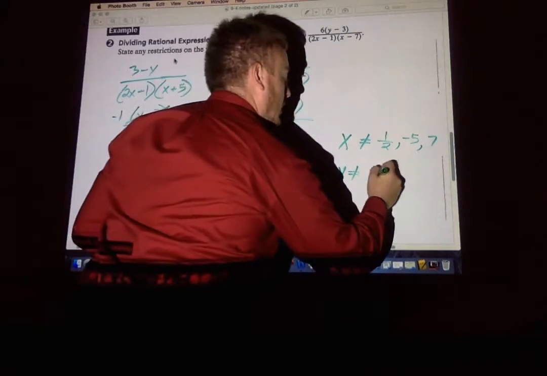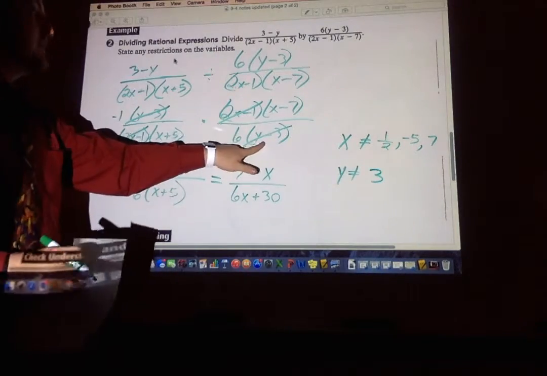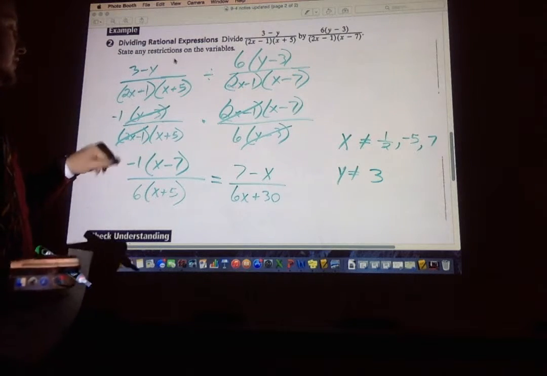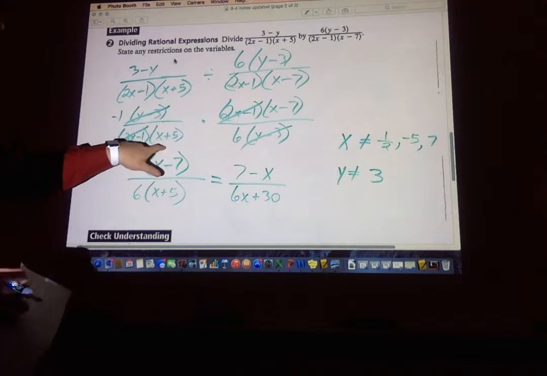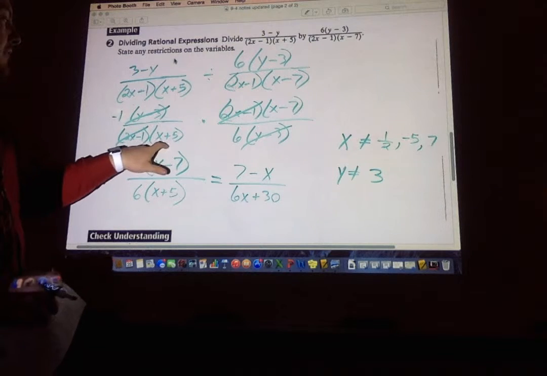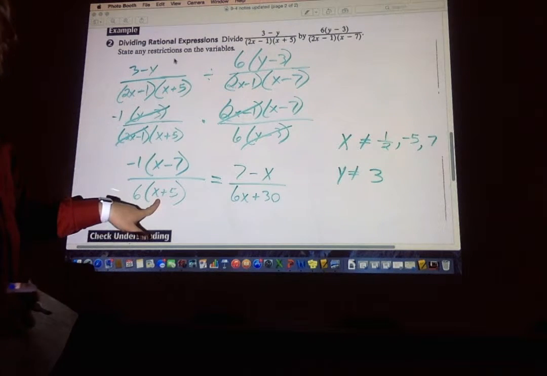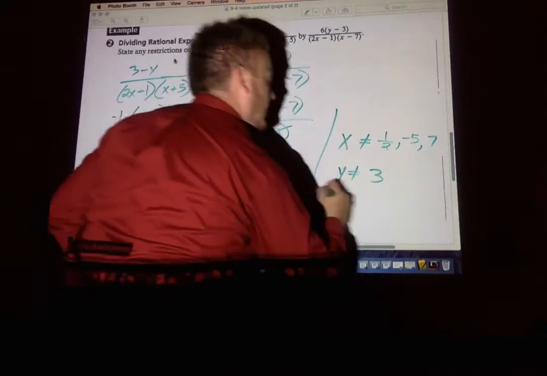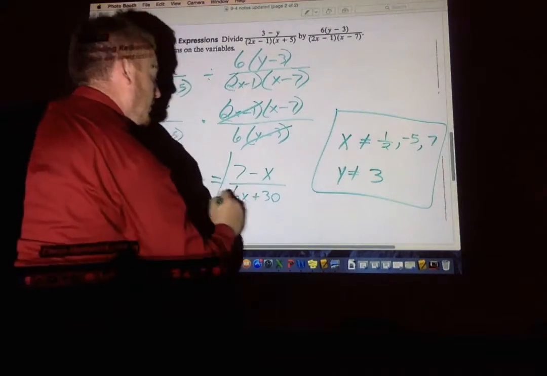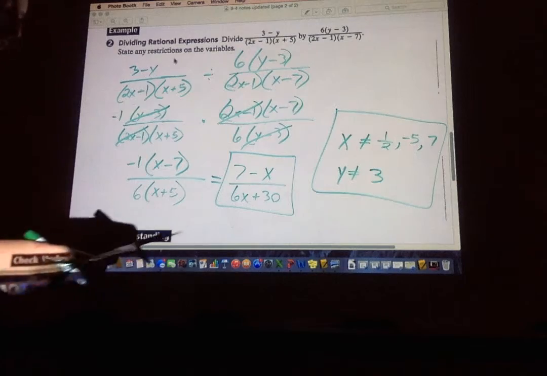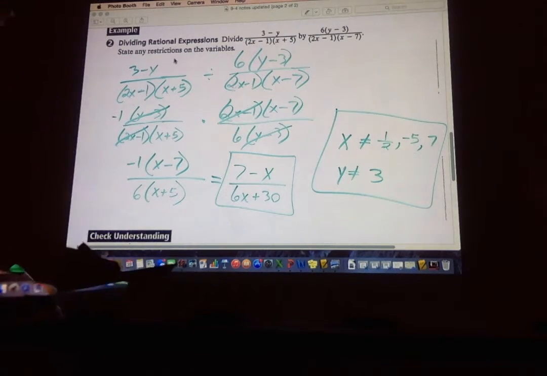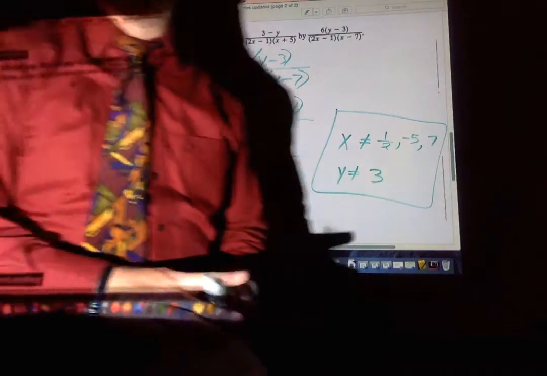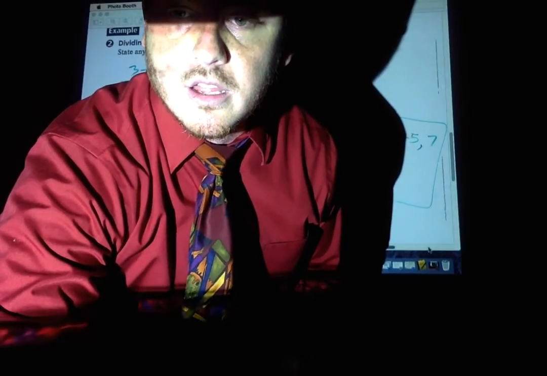Well, 3. 3 would make that equal to 0. There's no y's over here. Both of these I have accounted for, 1/2 and -5. Down here I've got -5 still accounted for. We're good. Those are the values that they cannot be equal to. This is our final multiplied out or divided out equation, and we're done. All right, try number 2 on the check understanding, and good luck.